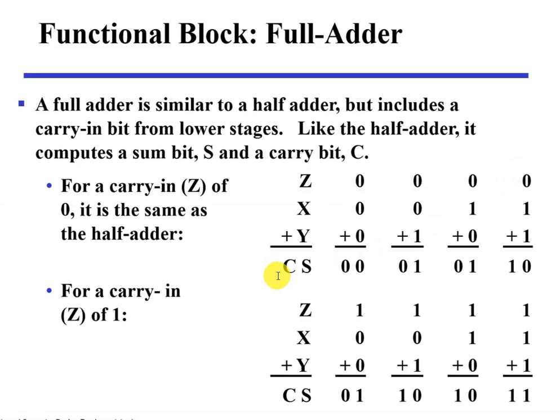We need 2 outputs because the arithmetic sum of these 3 bits ranges in value between 0 to 3, and the binary 2 and 3 need 2 digits for representation. So that's why we need 2 outputs, C and S.